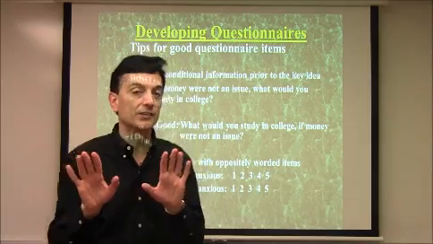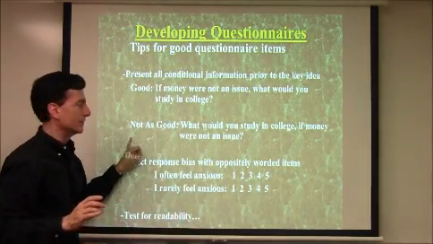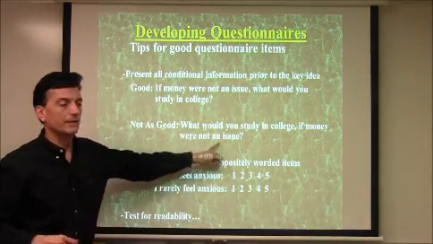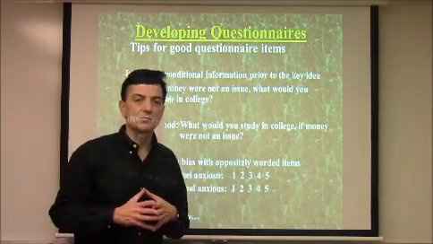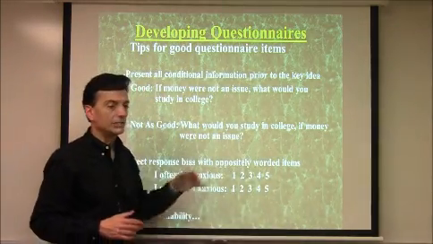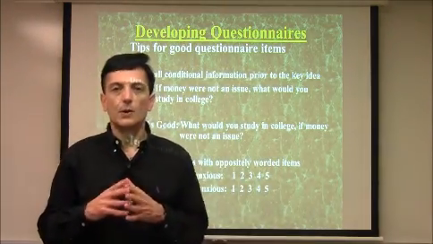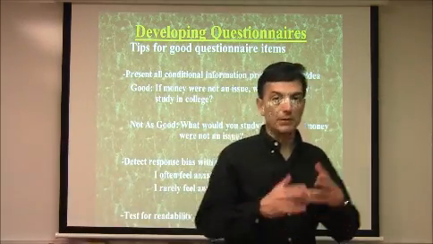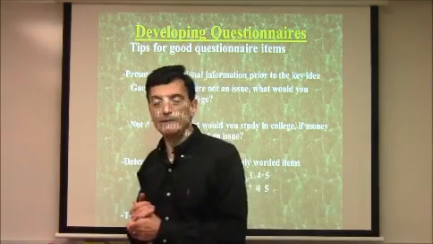Here's where we could get ourselves into trouble. Here's an example that's not as good. What would you study in college, comma, if money were not an issue? Frequently, respondents will pick up on the most recent information, if money were not an issue, and they might begin to go into all kinds of possibilities like, oh, if money were not an issue, I would buy a boat. I would buy a yacht. I would buy a mansion.